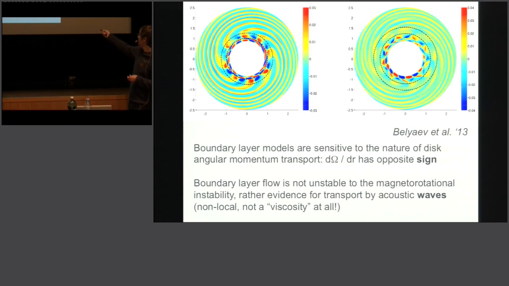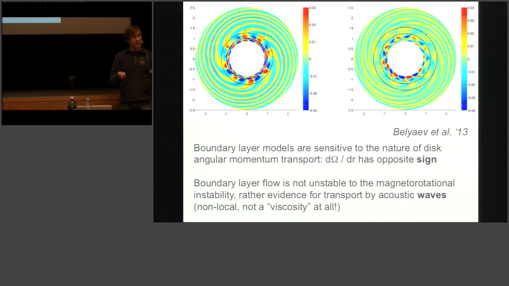So here are some simulations. These dotted lines here show the region of the boundary layer, and here you can see this moderately low M structure of waves being set up in the boundary layer, which slosh around and move angular momentum from one place to another to allow mass to flow towards that region and join the star.